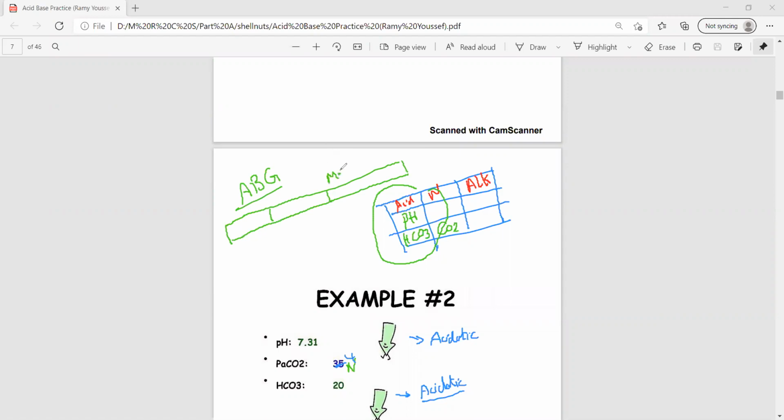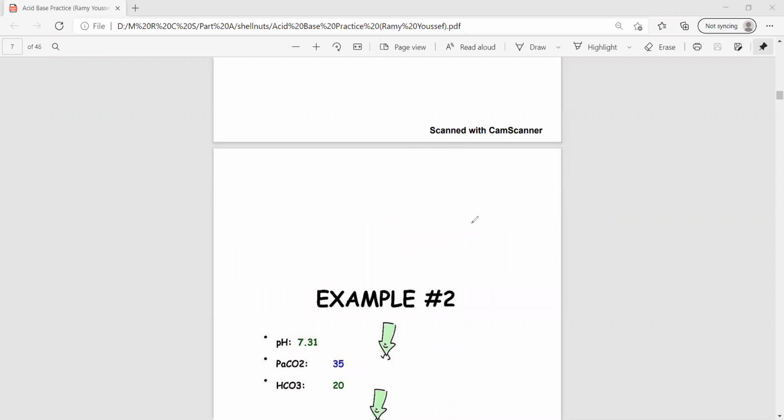It is metabolic or respiratory, and the last one is acidosis or alkalosis.